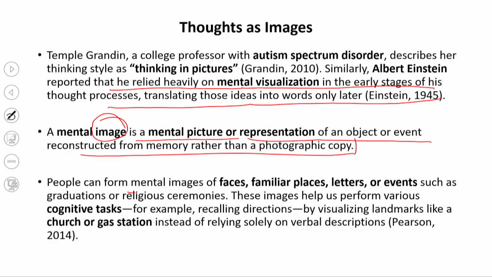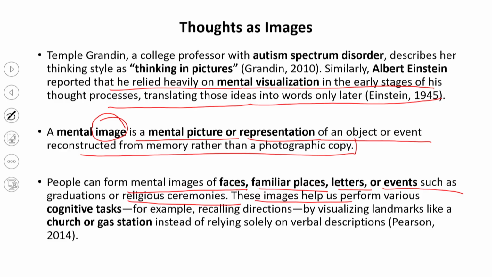People can form mental images of faces, familiar places, letters, events such as graduations or religious ceremonies, etc. We can create mental images of whatever we see in the world, or even whatever we don't see. We can create things which don't even exist.